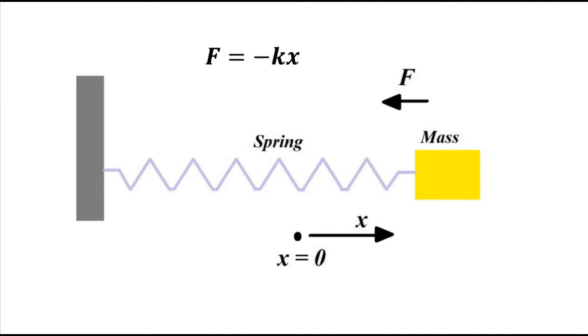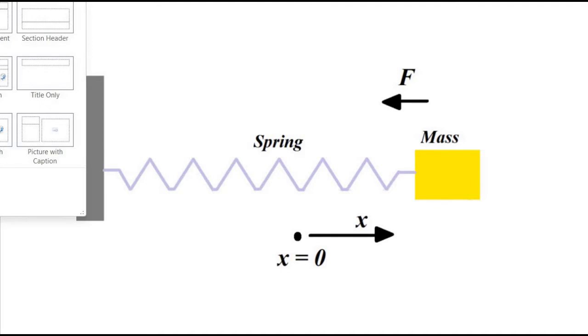Here the two important parameters for the oscillatory movement are time period and frequency, okay. We have already derived the values for time period and frequency.